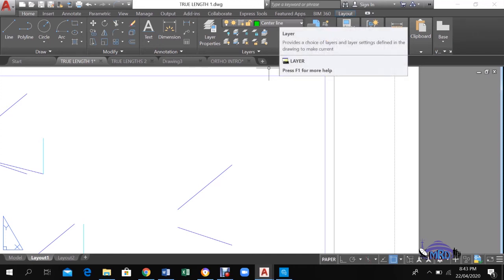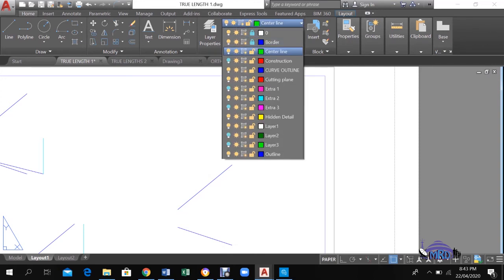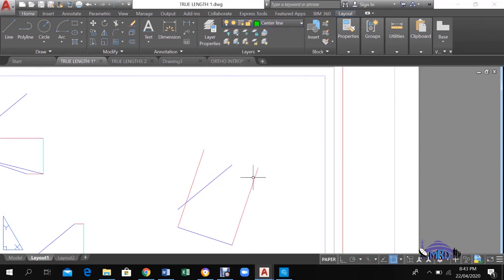That is why I left it out initially, so that you can just see what we're doing when we're doing it. The first thing we will do in this instance is project lines from your plan at 90 degrees to the line represented in your plan. So in this instance, I will pull these lines at 90 degrees to the plan view.